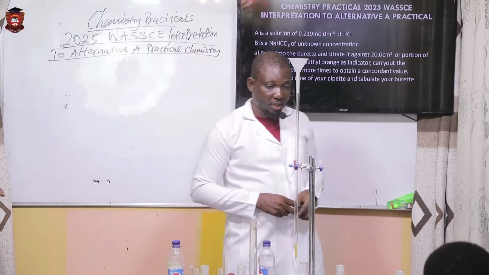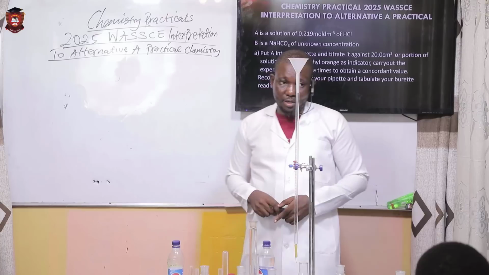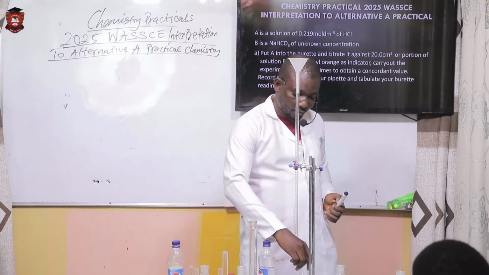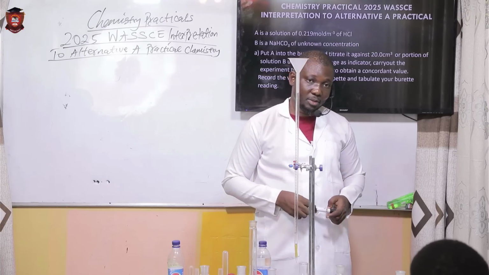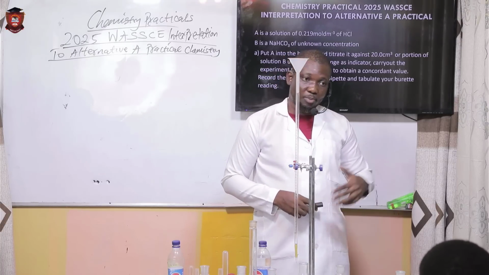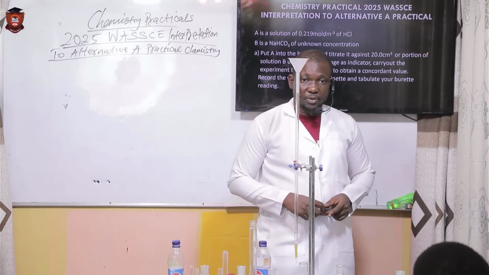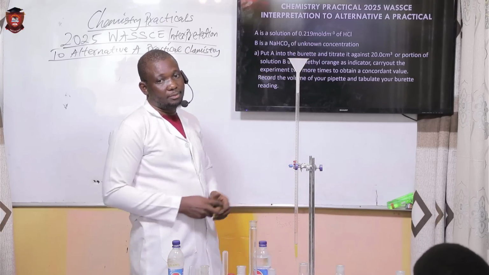Just that table alone, or this particular number 1A question, already carries 8 to 10 marks, depending on what they decide to do in this year's marking scheme. But normally it ranges from 8 to 10 marks, sometimes 12 marks. So you need to be very careful, more especially when you are tabulating your readings.